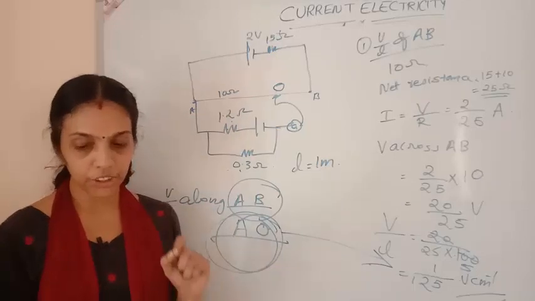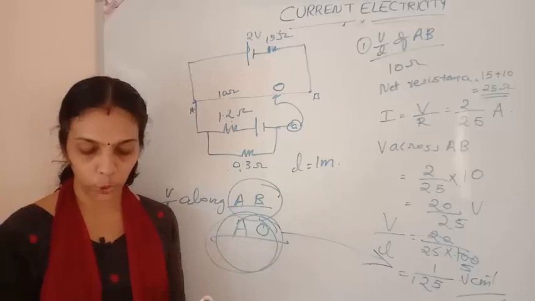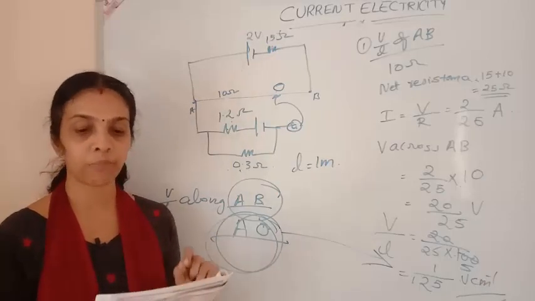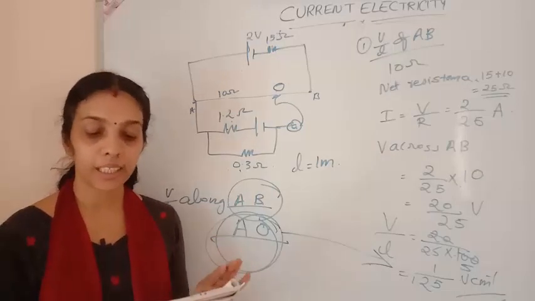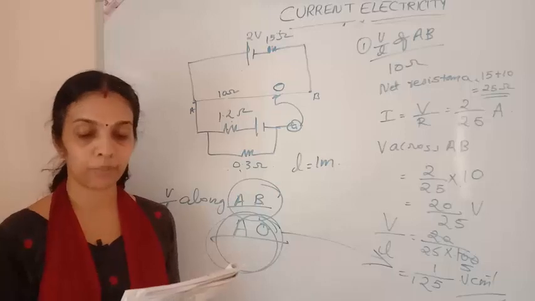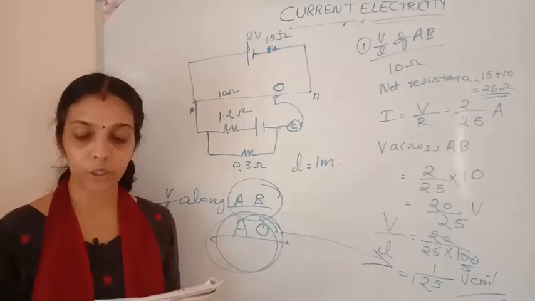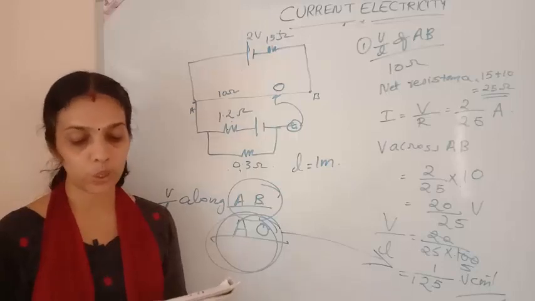The combination is then connected through a galvanometer and a jockey to the potentiometer. The balancing lengths in these two cases are found to be 350 centimeter and 50 centimeter respectively. Draw the circuit diagram. Find the value of EMFs of the two cells.